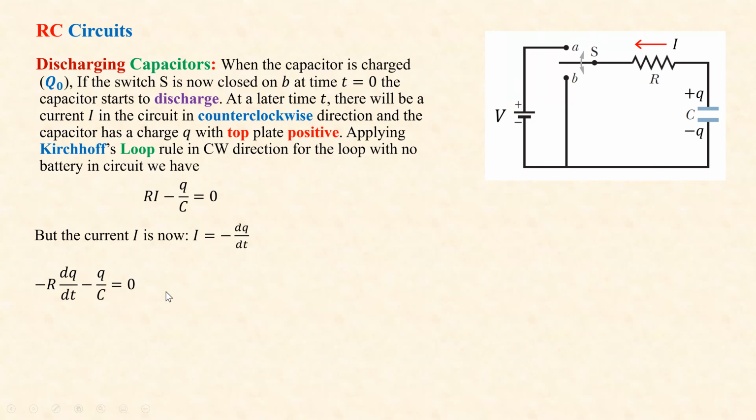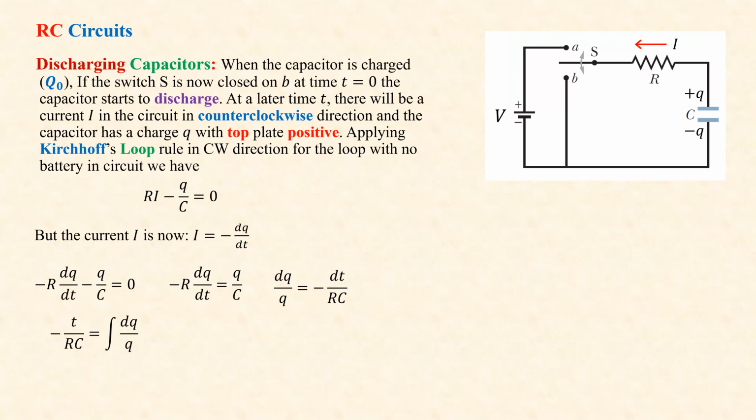Then we can solve this for Q as a function of time. Again, we move this one over, and put dt here and Q here, and divide by negative R as well. So dQ over Q equals negative dt over RC.